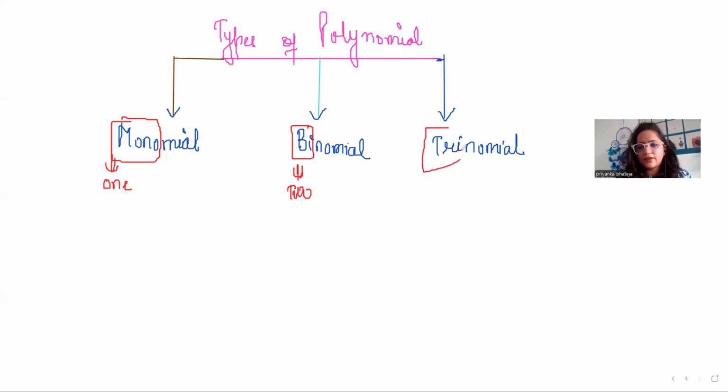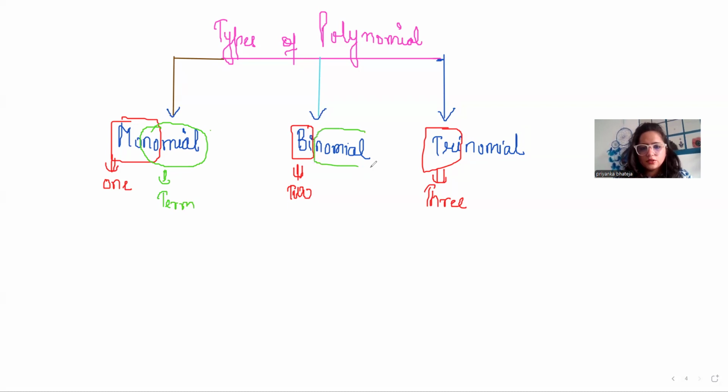And whenever tri comes, that means three. Everything has the meaning of the name. In maths also, everything comes with logic. Now if we break this word, nomial means term.